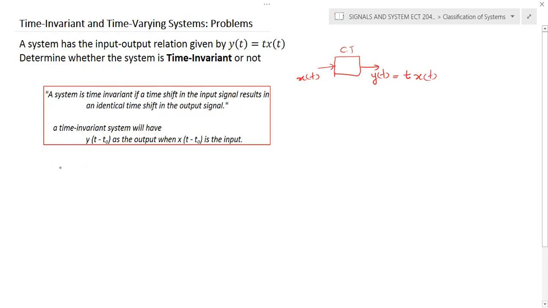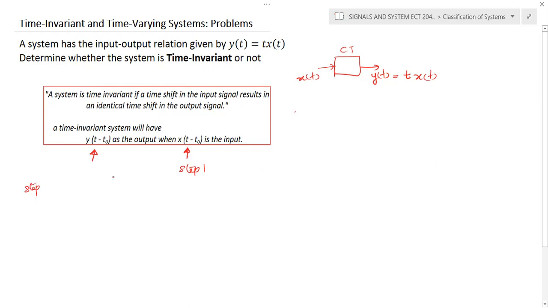Actually we need to perform two operations. First we need to apply an input x of t minus t0 and find the output, and after that we need to find y of t minus t0. So in step 1 we will find the output if we apply x of t minus t0 to the system.